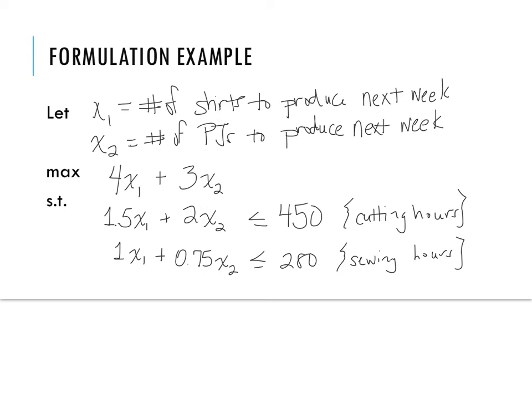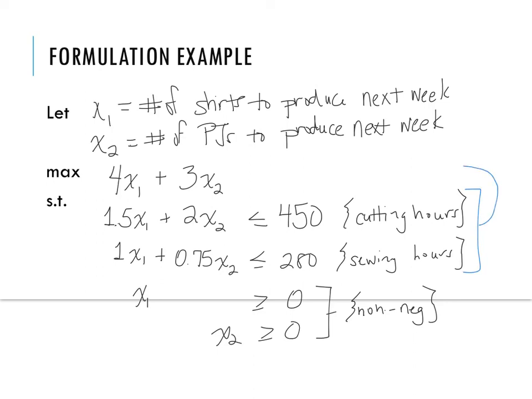What we do have to make sure is that x1 is greater than or equal to 0 and x2 is greater than or equal to 0. And both of those are non-negativity. Right? Those are the bounds that we were talking about before. These top two right here are structural constraints.